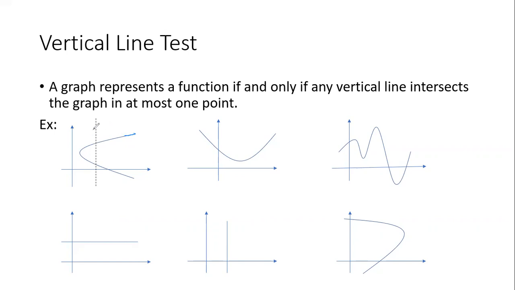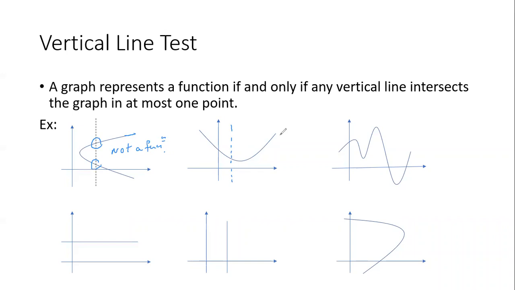Now look at this first one. It intersects the graph at 2 points, here and here. Therefore, this is not a function. How about this? If you draw a vertical line anywhere, just imagine you move this dotted vertical line from left to right.